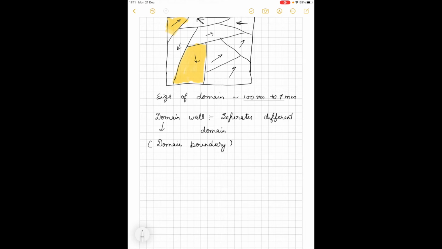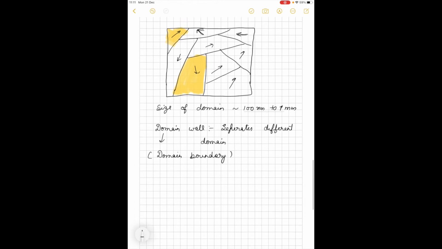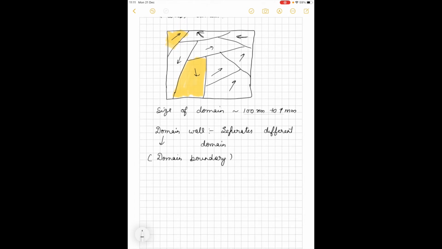So that's why the system aligns the dipoles in such a way that it randomly orients different polarization directions, which gives rise to the domains. All right, so it's because of the free energy that we cannot have all the polarization pointing in one direction.